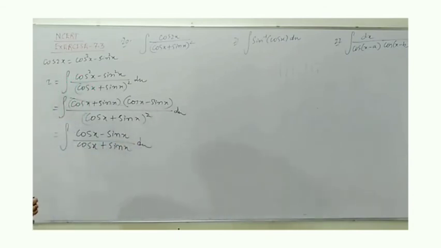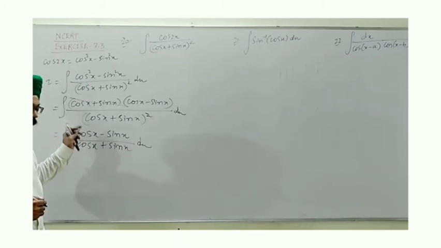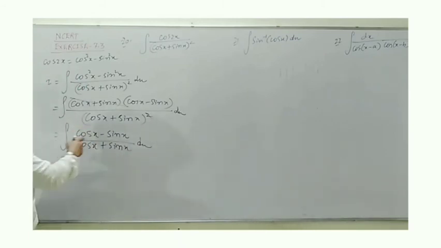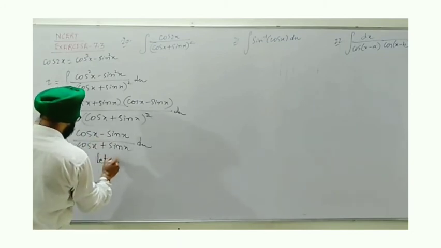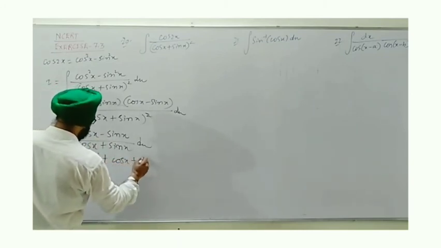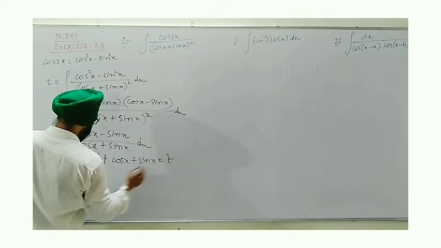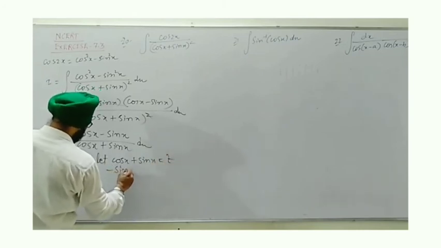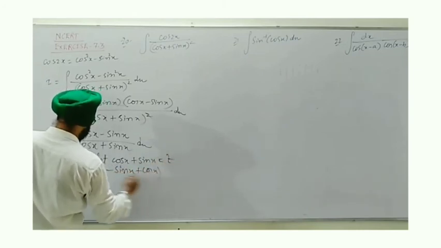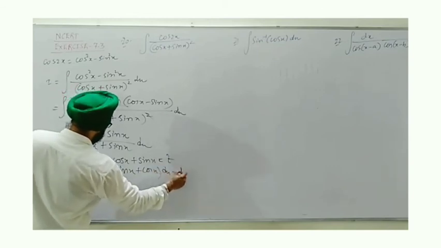But don't forget, recently we have done such an equation: the differentiation of this denominator is cos x minus sin x. So let cos x plus sin x be t, differentiating gives minus sin x plus cos x, which is the numerator, dx is dt.